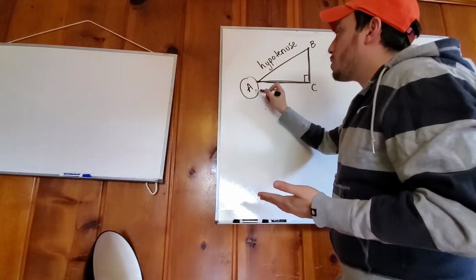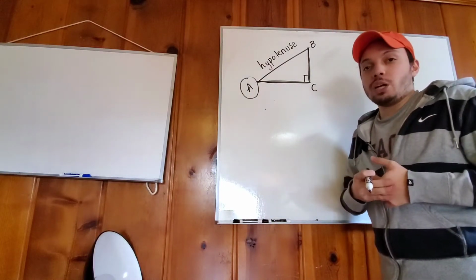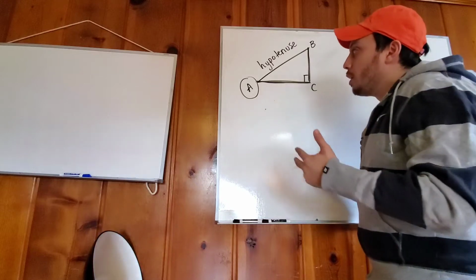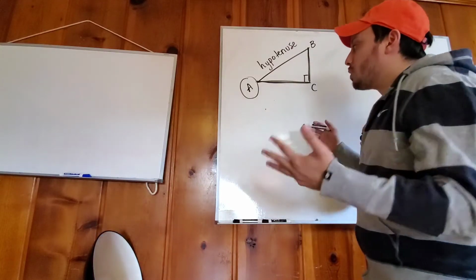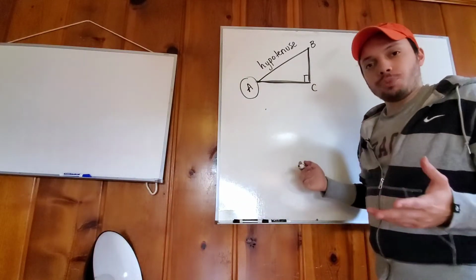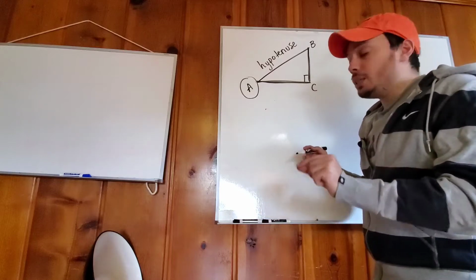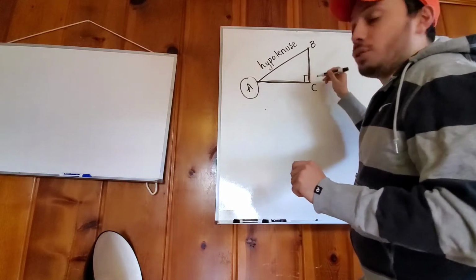The first one is the perspective of angle A. If we are talking about the triangle from the perspective of angle A, there are 2 sides that I haven't labeled. Obviously, you know it's side AC and side BC or CB, it doesn't really matter. But the important part is that angle A has to do something with BC.